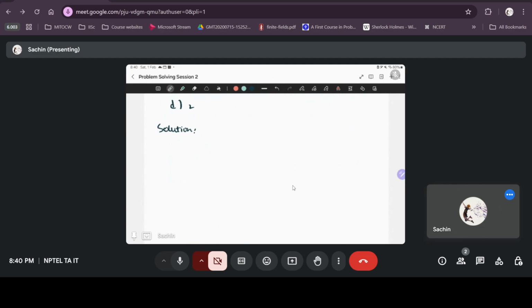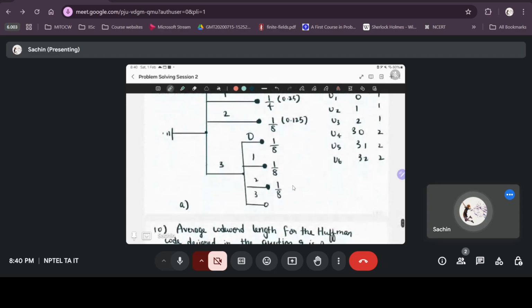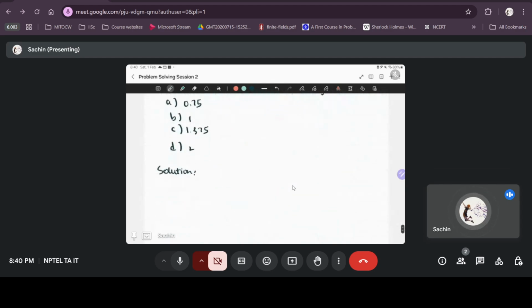Solution is, there were 3 code words of length 1, out of which 2.